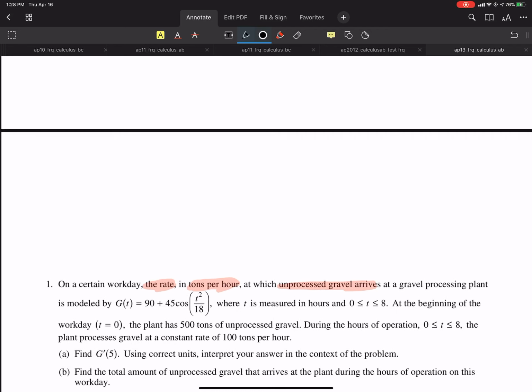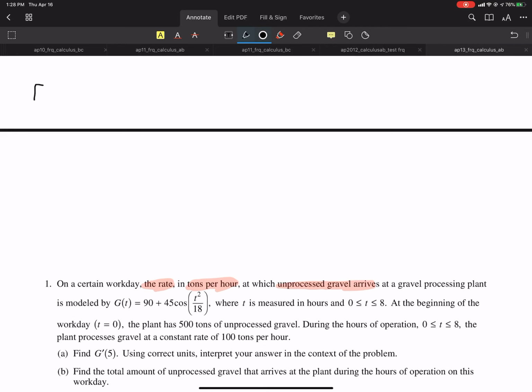So I'm going to draw a beautiful truck. And it's bringing gravel, piles of gravel to this plant. So you have this mountain of gravel.